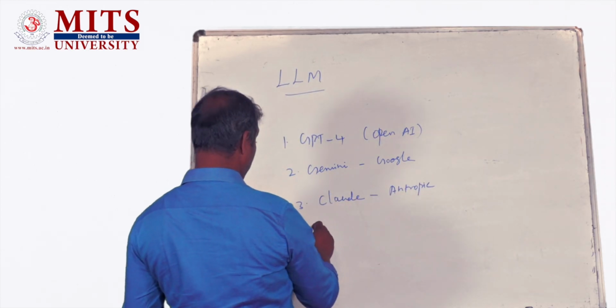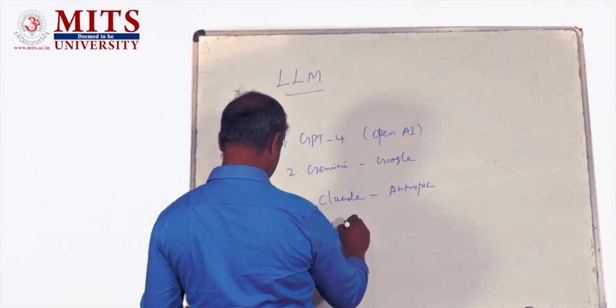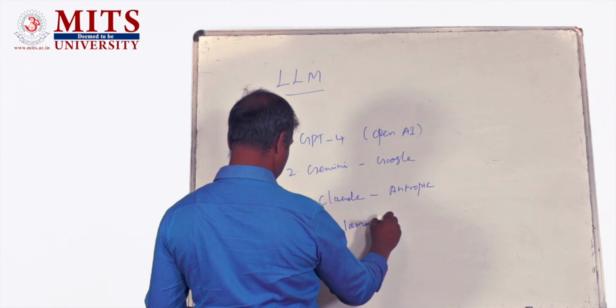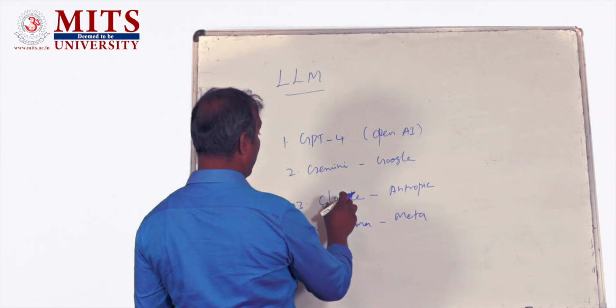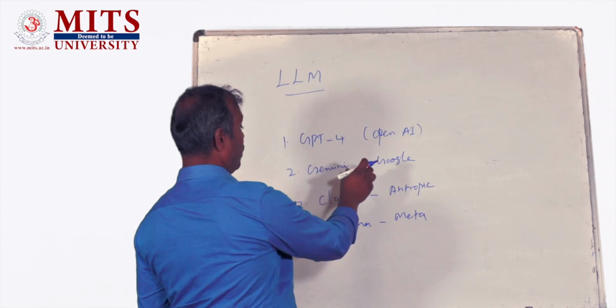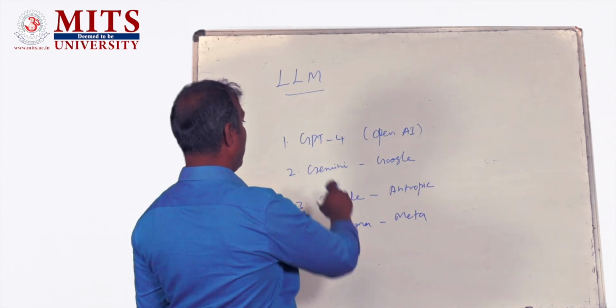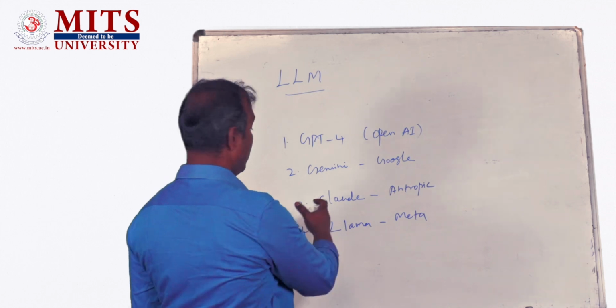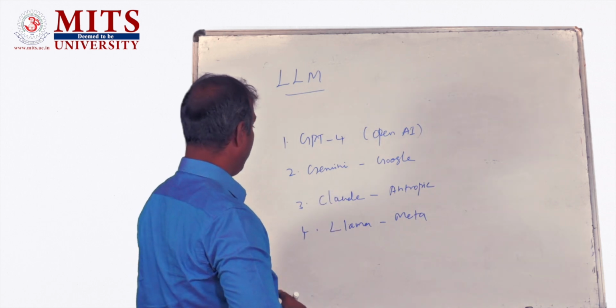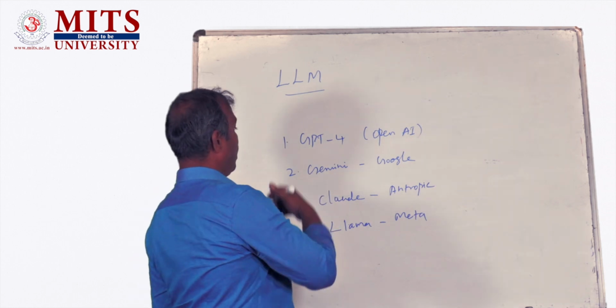And one more we call Llama, developed by Meta AI. So Meta AI's Llama, Claude AI, Gemini by Google, and GPT-4. These are the various LLM models currently available for public use. They have been working on the large language model.